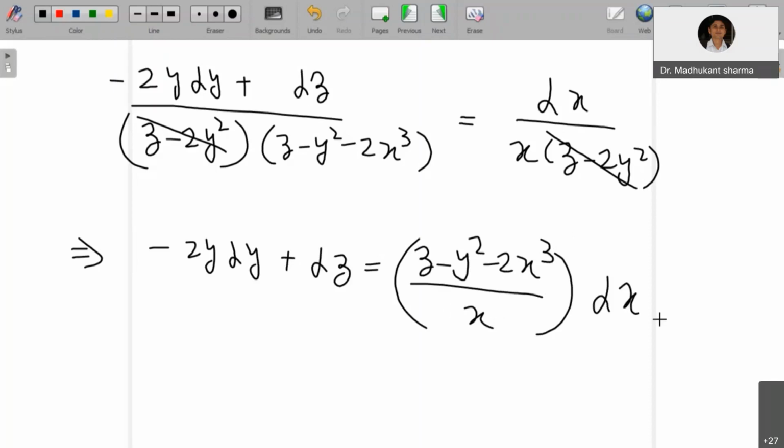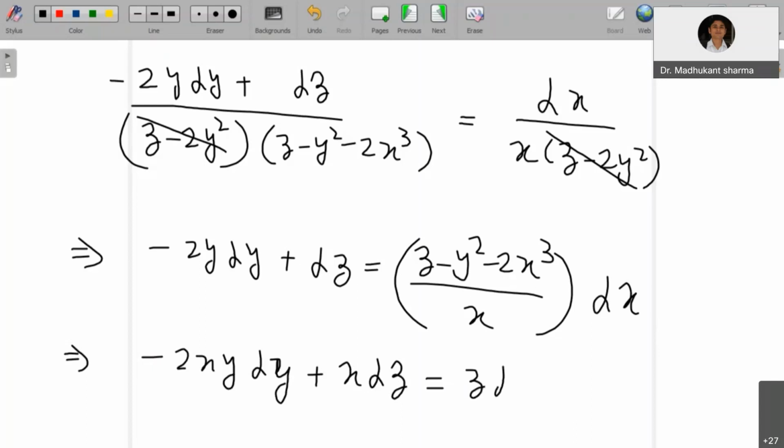Okay, so let's simply find out. This is going to be minus, plus x dz is equals to z dx minus y square dx minus 2x cube dx. Now let's push everything on the right side or on the left side, either way.